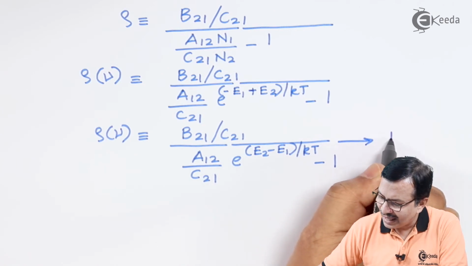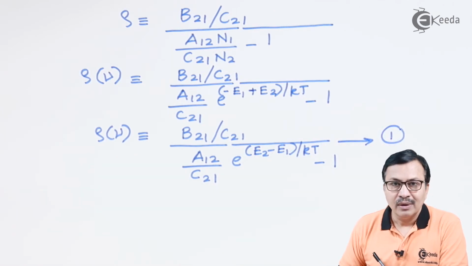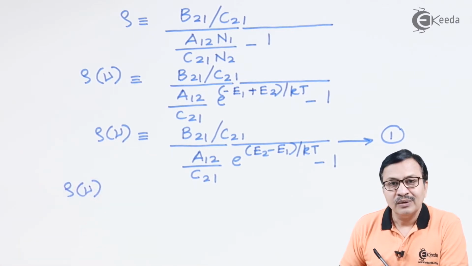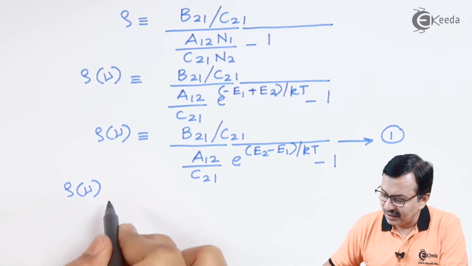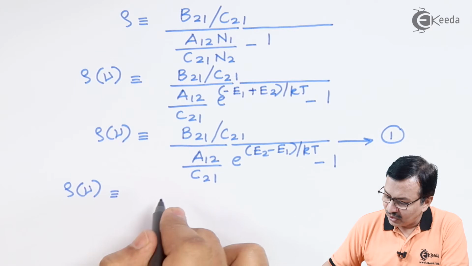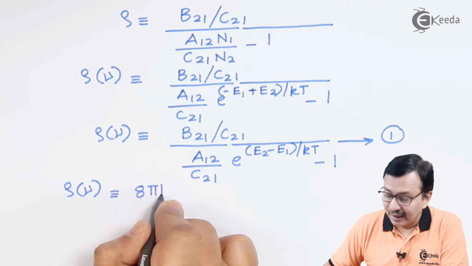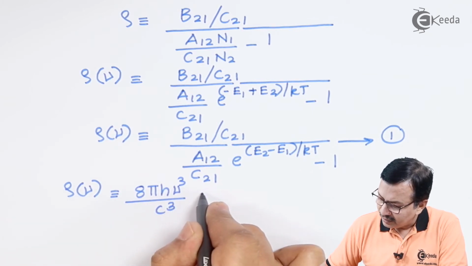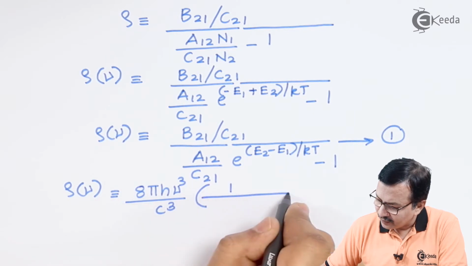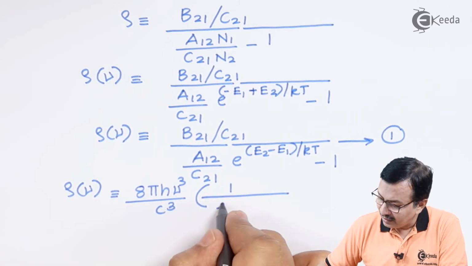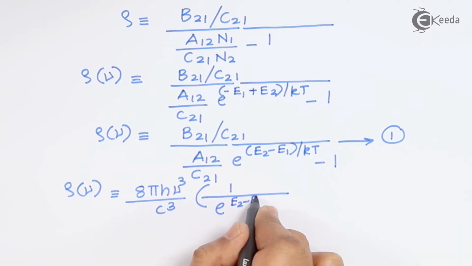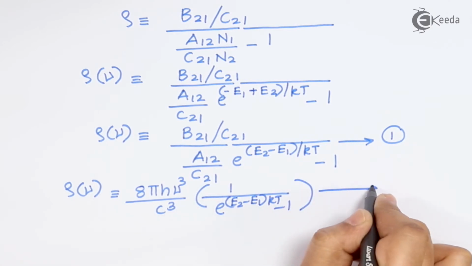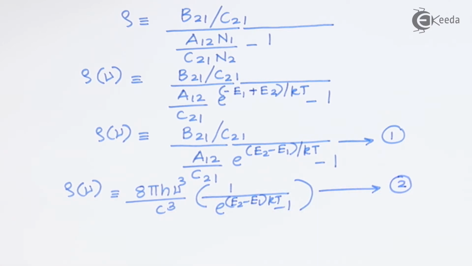Let us call this expression 1. From the blackbody radiation, or from Planck's theory, we have the density of the frequency as equal to 8 pi h nu cube upon c cube, divided by e raised to E2 minus E1 upon kT minus 1, and let us call this particular expression 2.